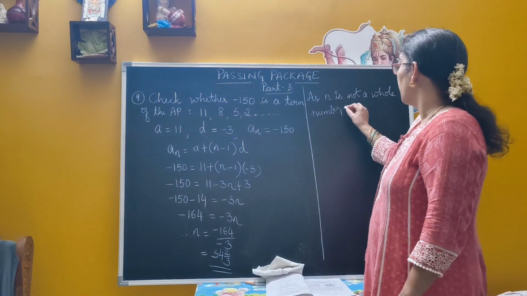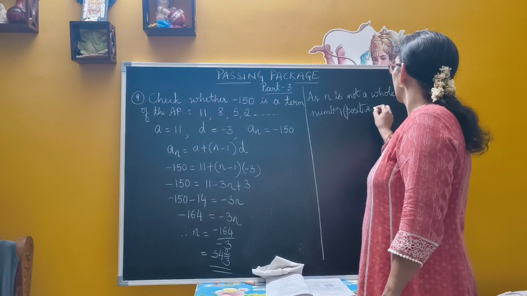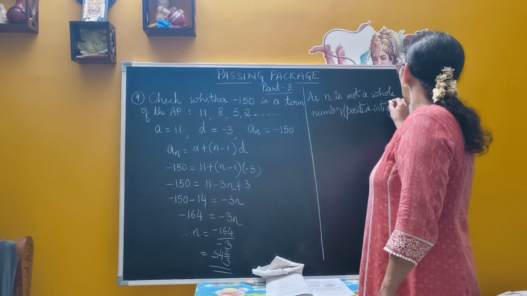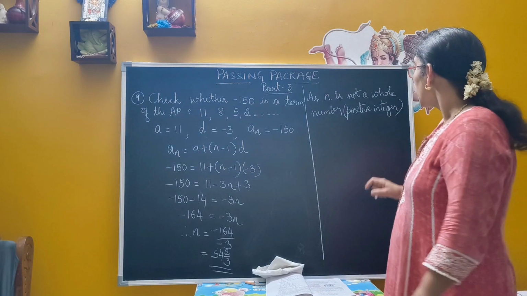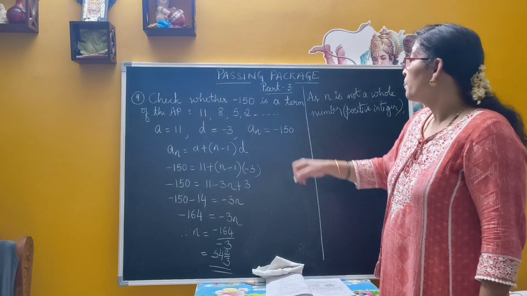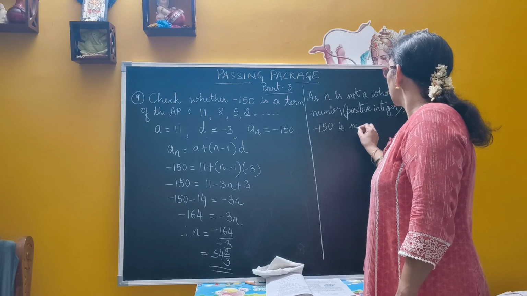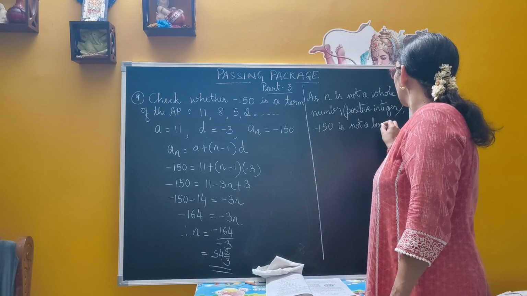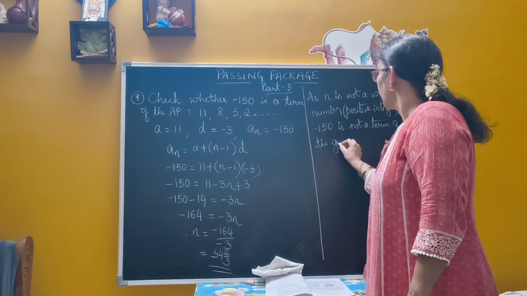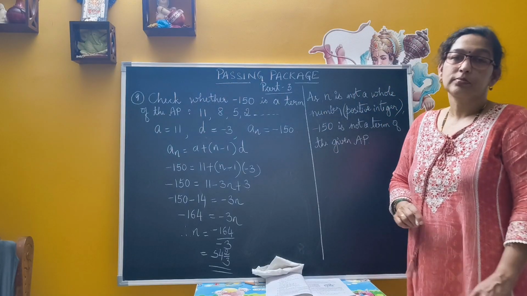Whole number, that means positive integer. All whole numbers are positive integers, isn't it? So as n is not a whole number or positive integer, what do you say? Here minus 150 is not a term of the given AP.